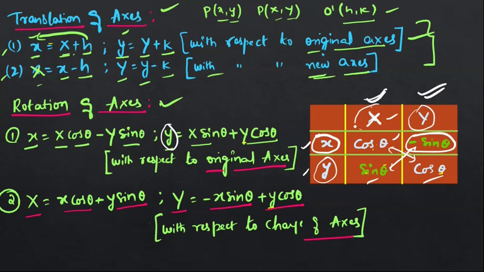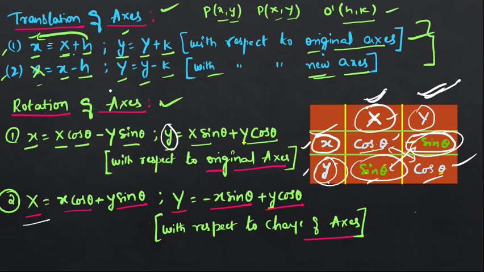Similarly, if you want capital X, this value capital X is equal to small x cos theta plus y sin theta. Similarly, if you want capital Y, then first minus x sin theta, then plus y cos theta, right? So in this way you can remember the formulas.